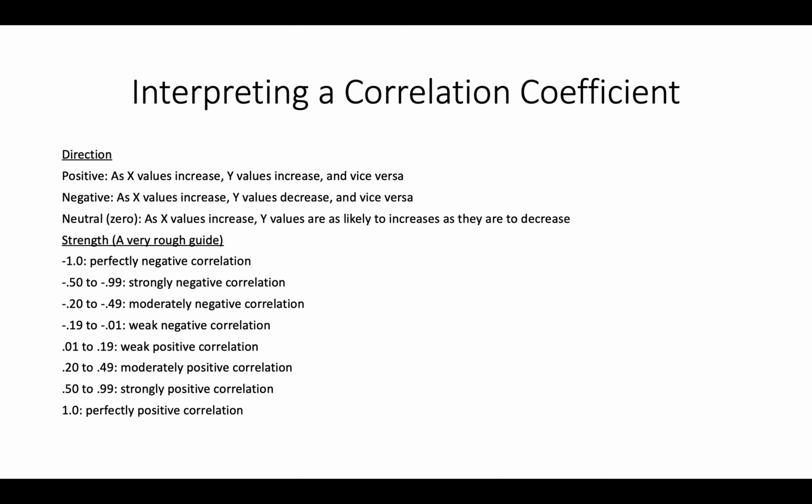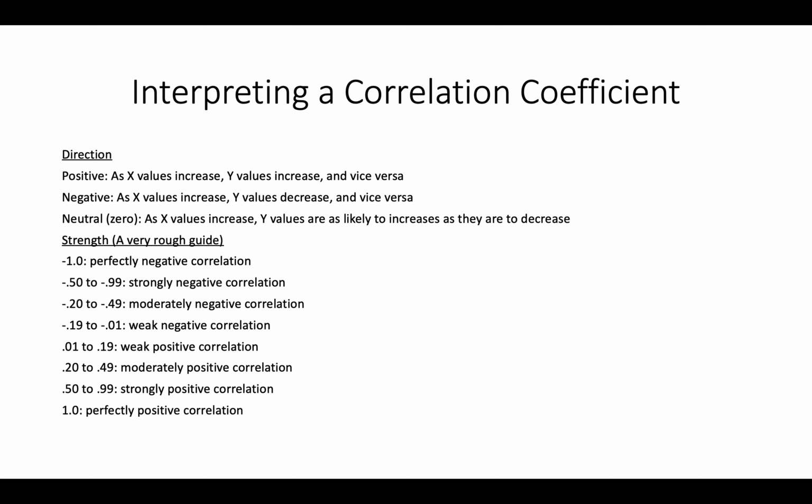What does this mean? Well, we can interpret both direction and strength. Positive direction means that as values of x increase, values of y also tend to increase. Negative direction is when values for x increase, values for y decrease.